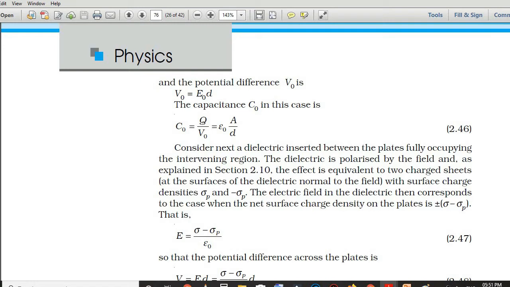To discuss the effect of the dielectric medium present inside the parallel plates, we shall introduce new terms, V0 and E0. V0 means the potential difference, the voltage given to the plates of the capacitor in the absence of a dielectric medium.